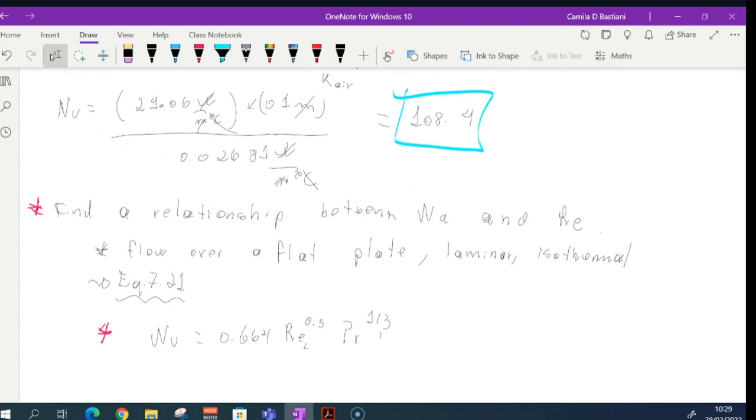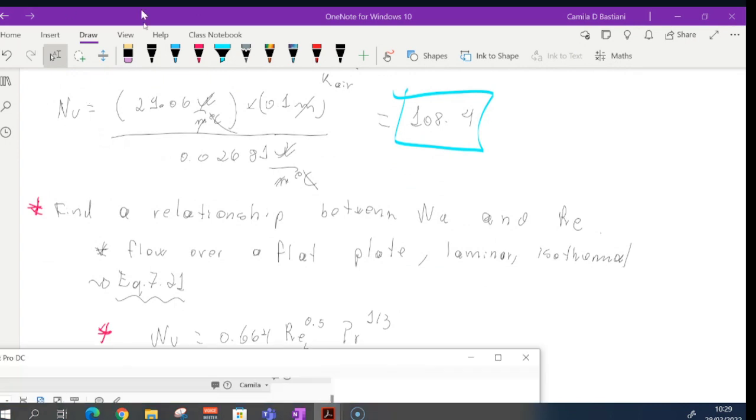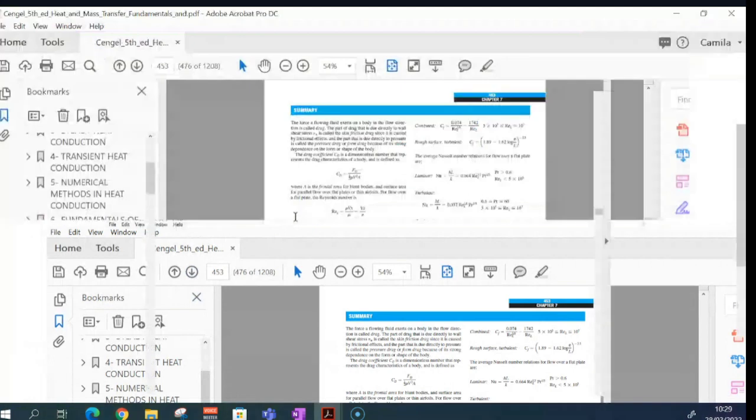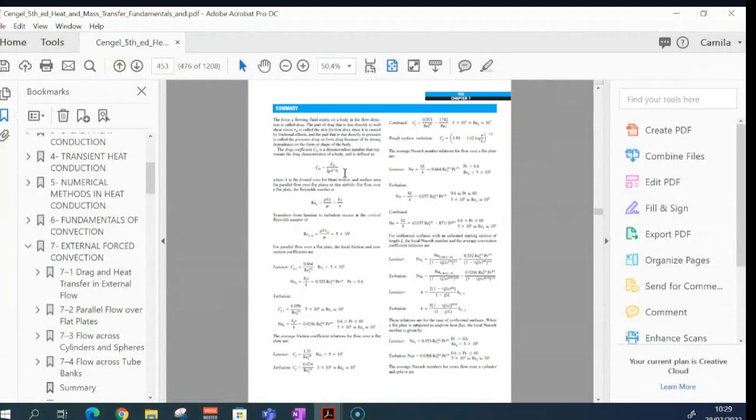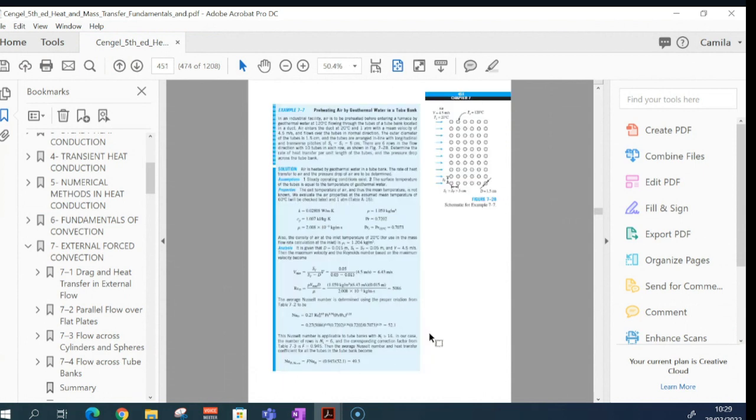If you go to the summary in the Cengel book, you're going to see that on page 453 it has a summary of some of the relationships, for isothermal surfaces, flat plate, laminar and turbulent.